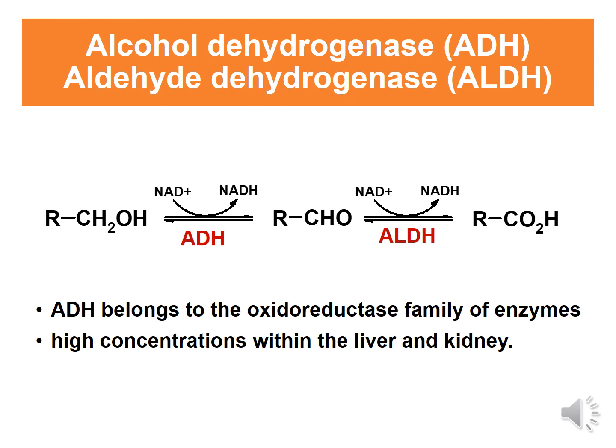Alcohol dehydrogenase and aldehyde dehydrogenase belong to the oxidoreductase family of enzymes. These enzymes are found in high concentration within the liver and kidney. During this reaction, hydrogen is removed from alcohol and transferred to NAD plus, converting it to NADH.